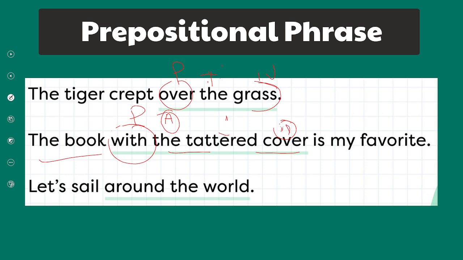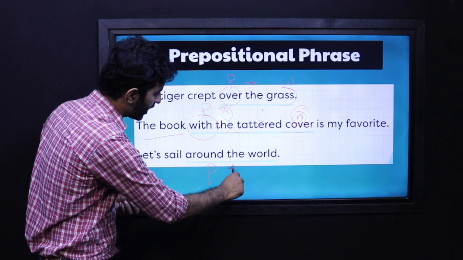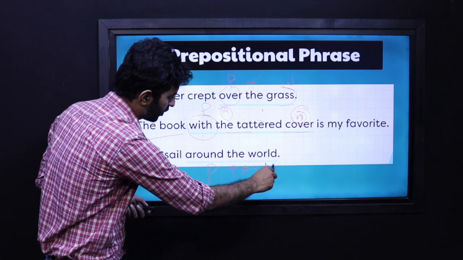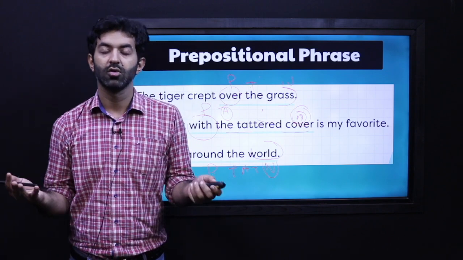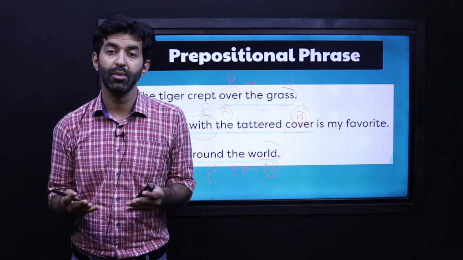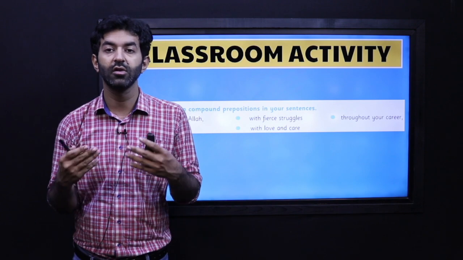So this is your object. Let's sail around the world. Around, preposition, with an article and then a noun, and that is your object of the preposition. So with so many different examples, now I hope, students, that you can recognize a prepositional phrase and also formulate one as well.